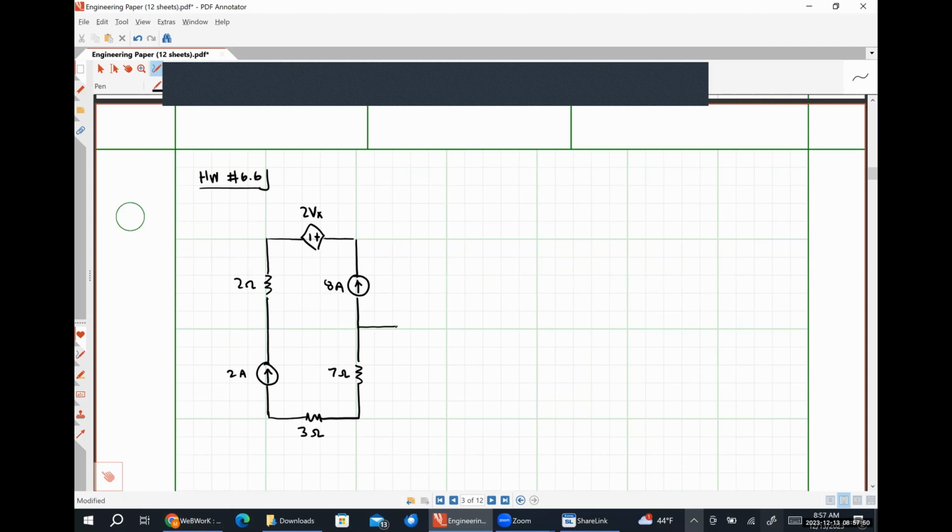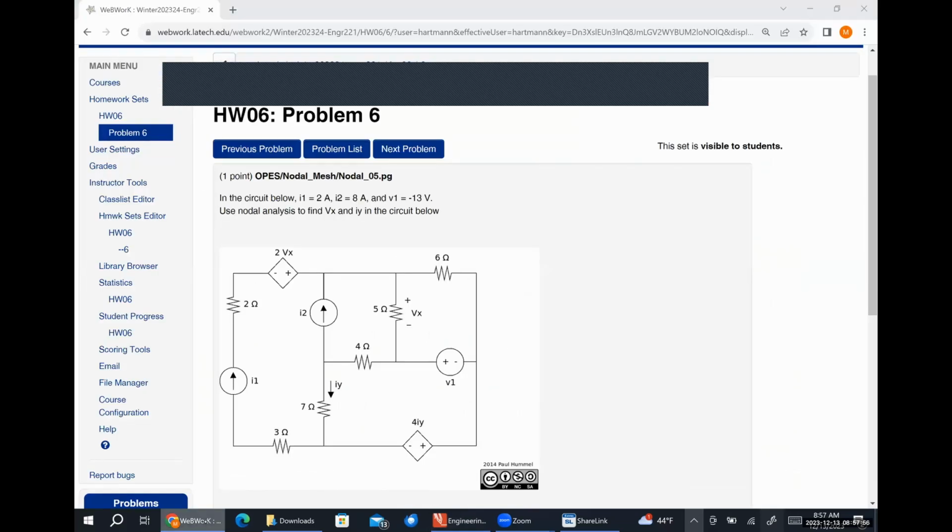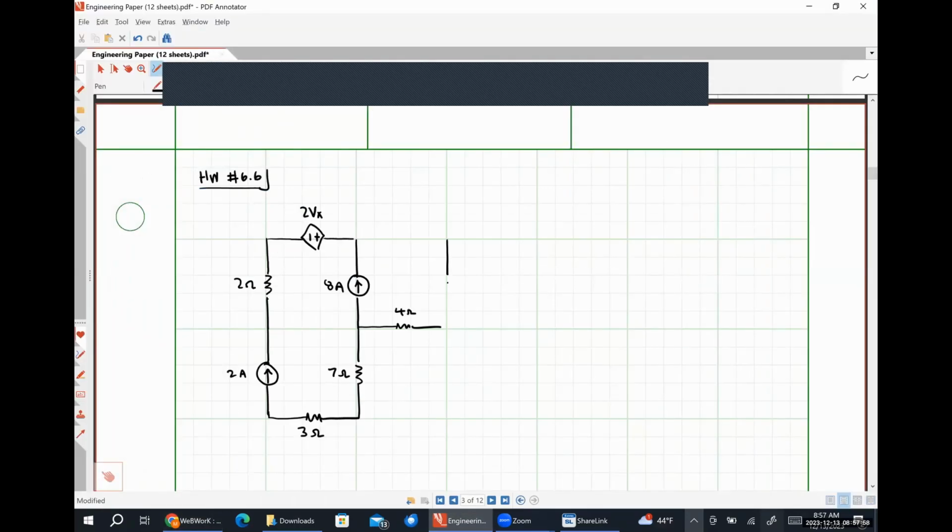Let's see, 4 ohm resistor across here. Five ohm resistor here. Vx is positive polarity on top across my 5 ohm resistor.